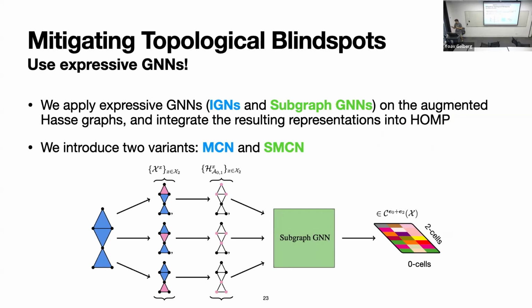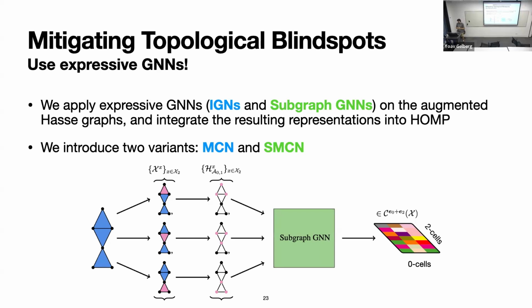In our paper, we study two variants. One is based on IGNs, which are a hierarchy of GNNs that can reach very high expressivity, right? So it can basically be fully expressive under specific conditions. And we look at subgraph GNNs, which is the type of network that Guy was talking about before. The resulting topological deep learning methods are MCN and SMCN.